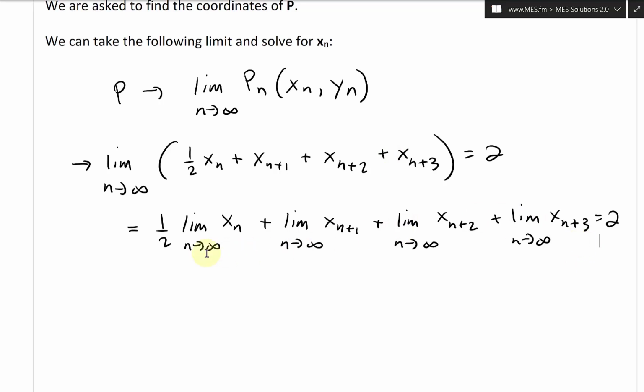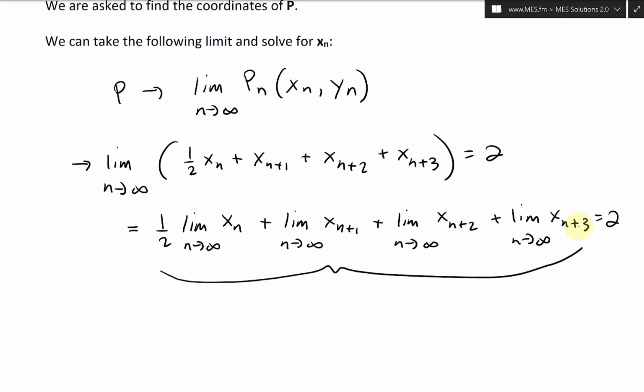These are all the same limit, because once n is going to infinity, n plus 1 is still infinity.